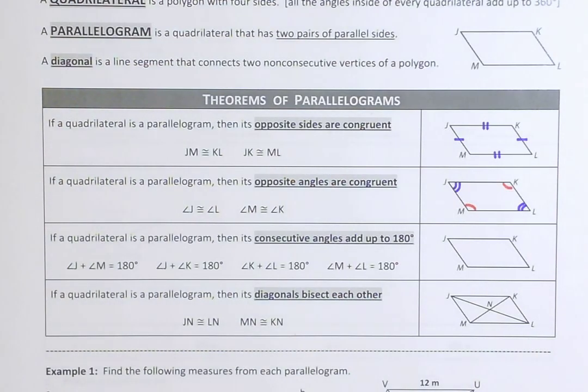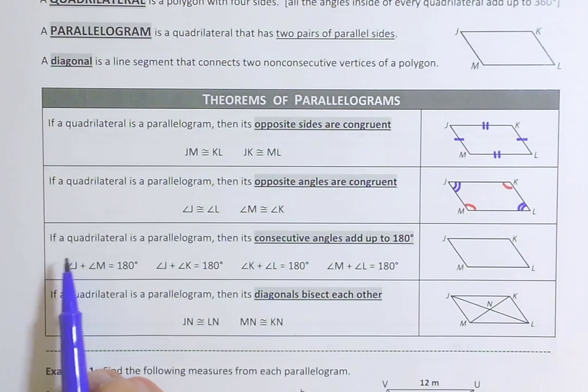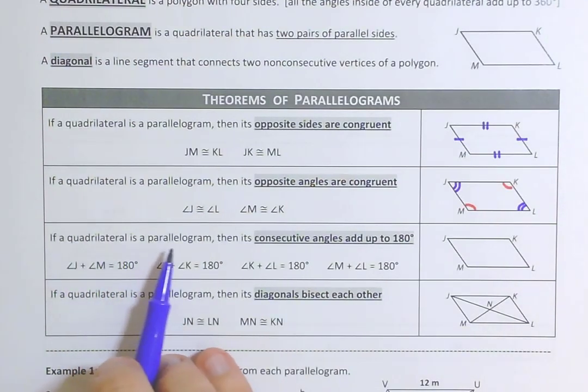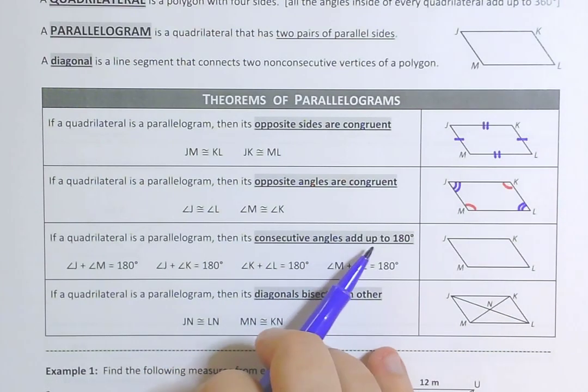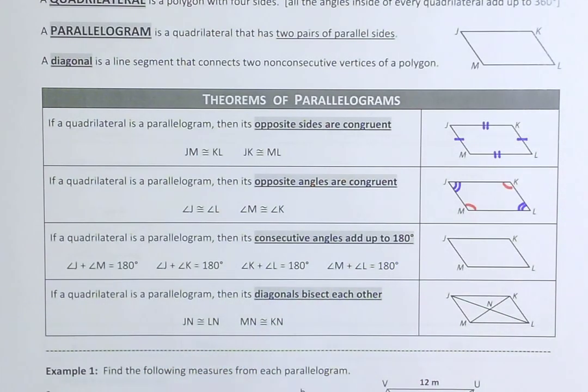All right, our third property builds off of the previous one, and it uses the fact that all the angles add up to 360 to help bring this third one together. This third one is: if a quadrilateral is a parallelogram, then its consecutive angles add up to 180 degrees.